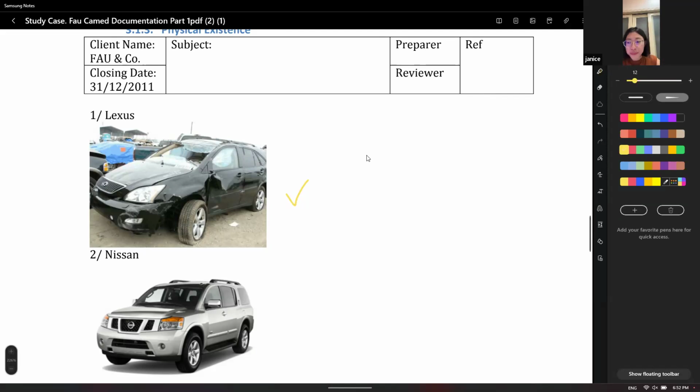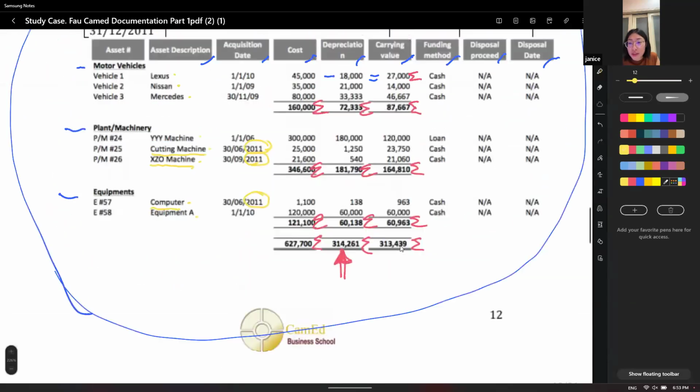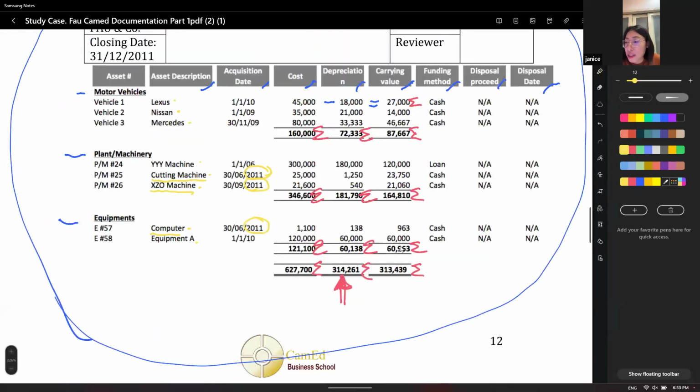Is the Lexus in good condition? I don't think so, right? The car looks in quite bad shape. So we're just gonna put a little star here and come back to say that the Lexus car exists, but we're not sure of the condition of it.